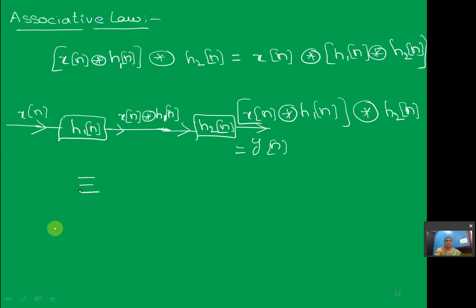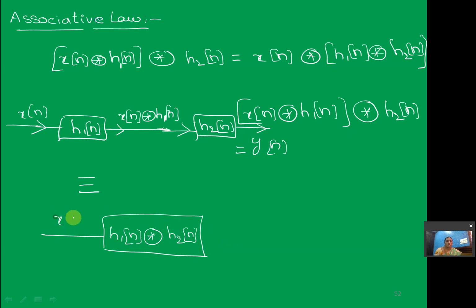And in another way, we can do it from the associative formula. Here consider all the systems' impulse responses. Find the convolution between all these system responses, like h1 of n convolved with h2 of n convolved with h3 of n and so on.